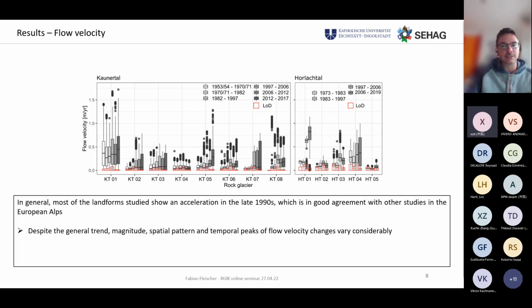And this suggests an acceleration in the late 1990s. Despite this general trend, the magnitude and spatial pattern of the changes in flow velocity vary considerably between the rock glaciers. So in the following, I want to show some examples to underline this.